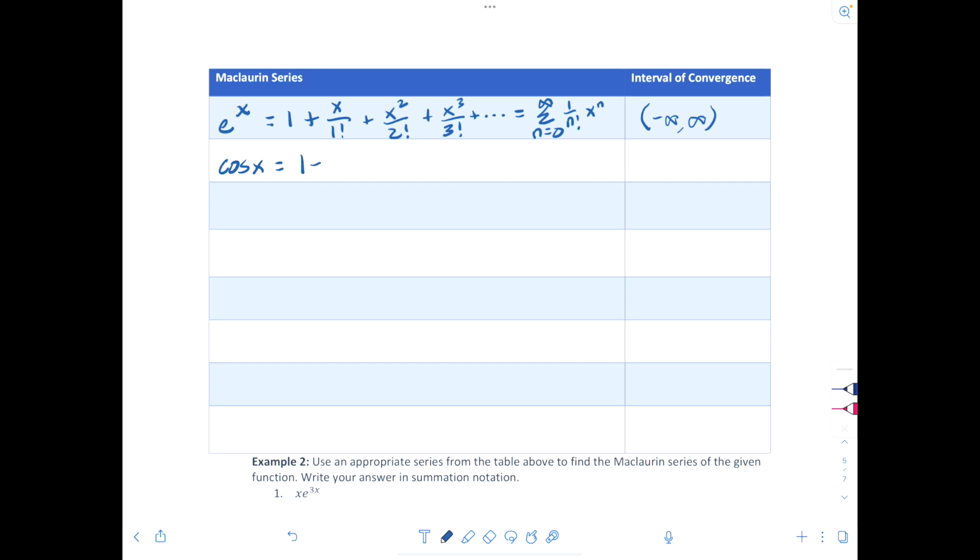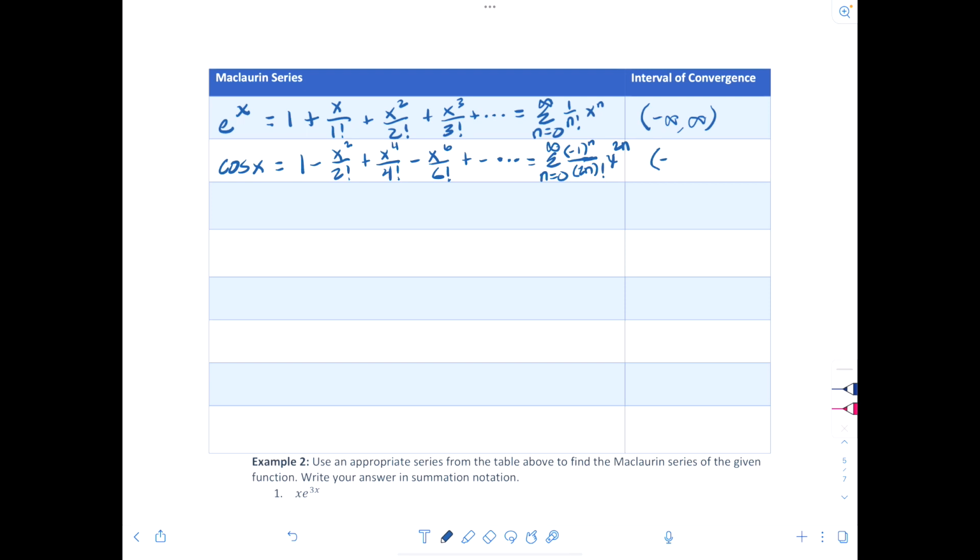And this ends up being 1 minus x squared over 2 factorial plus x to the 4th over 4 factorial minus x to the 6th over 6 factorial plus minus dot dot dot, and that would equal the summation as n goes from 0 to infinity of, it alternates, so it'll be negative 1 to the n over, all those factorials are even, so we'll have 2n, that quantity factorial, and x is raised to the 2n.